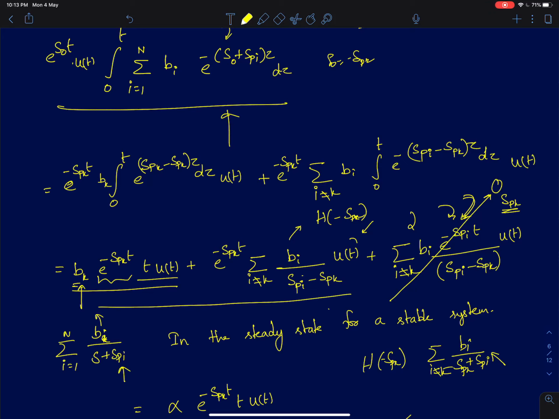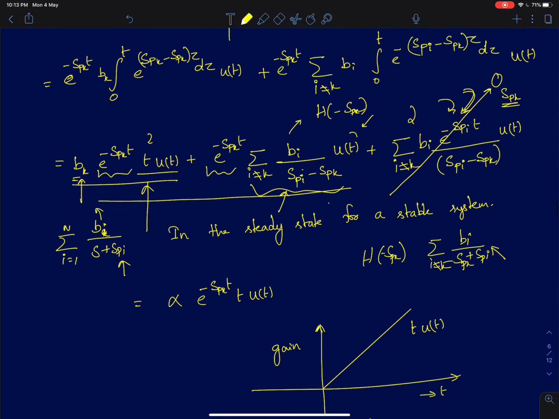Now the second term is a constant. You are just multiplying your input, e to the power minus s_pk t, with some constant, independent of time. But the first term is multiplied with a time-varying gain, B_k into t.